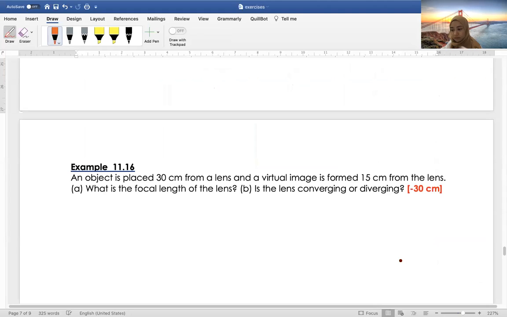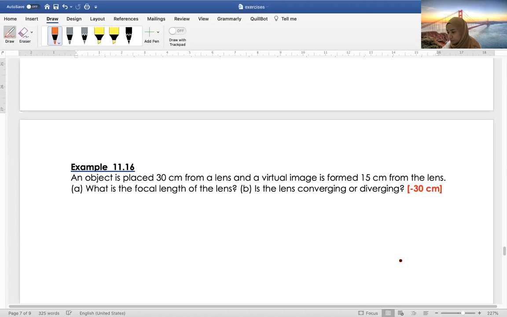Is that a summary here? Hold on, doctor, I'm making the comparison. If u is greater than 2f, the image is real, inverted, and smaller.